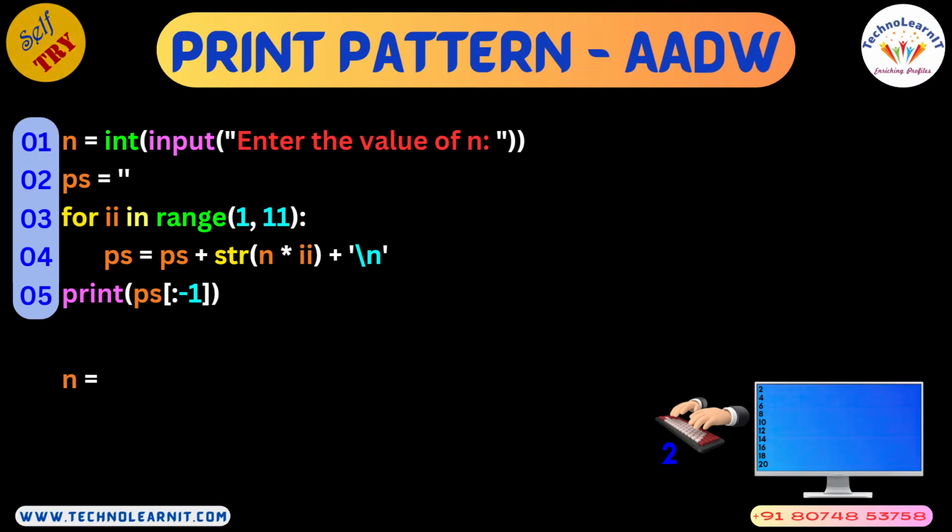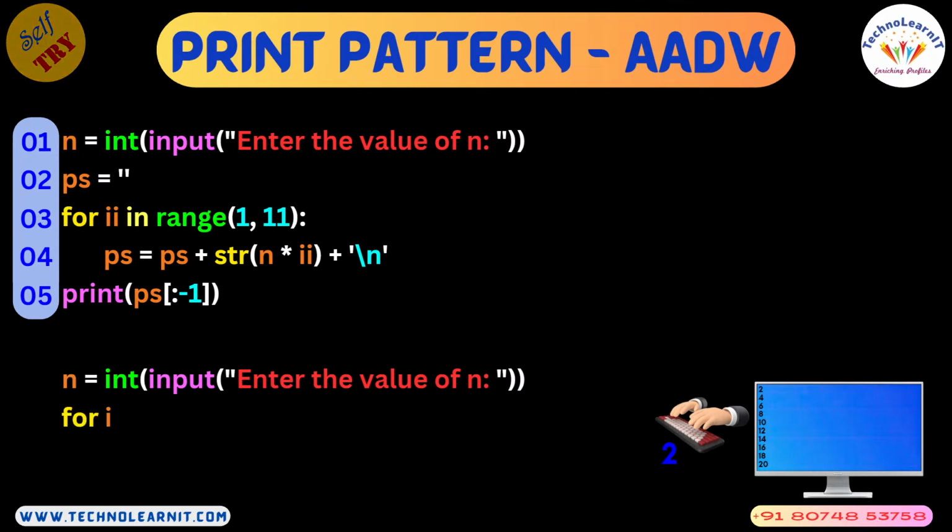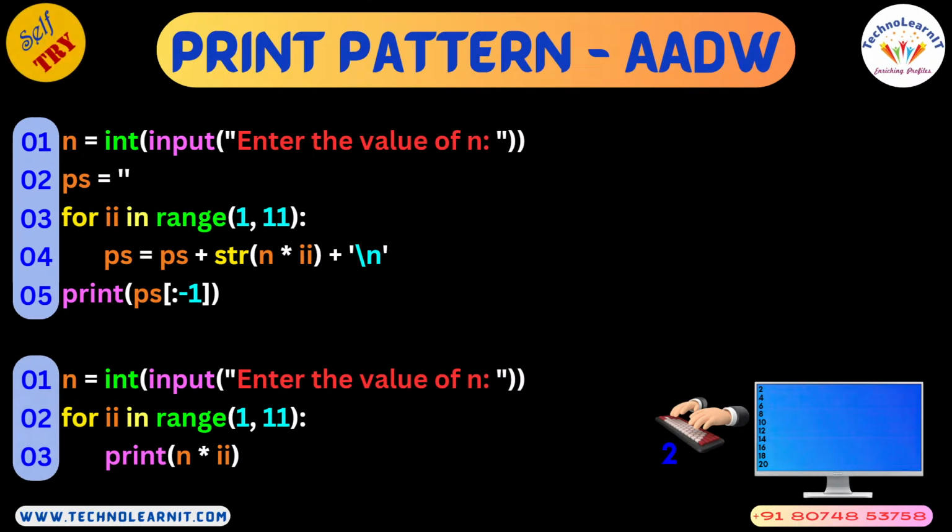Now, all that you need to do is to be careful while generating your print string by appending the new line character. And if you are not using string manipulation, just print n times i so that automatically the cursor will move to the next line before it produces the second output or subsequent output in the iteration, right? So this is how you can achieve this.